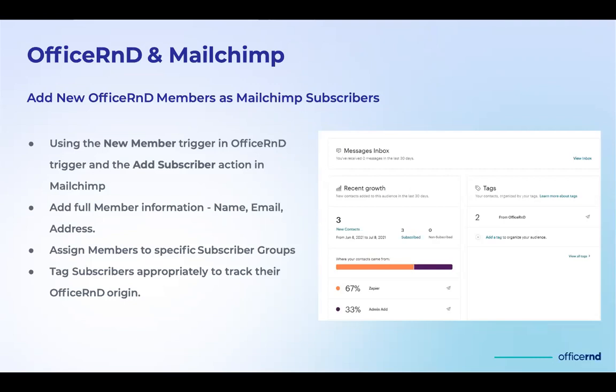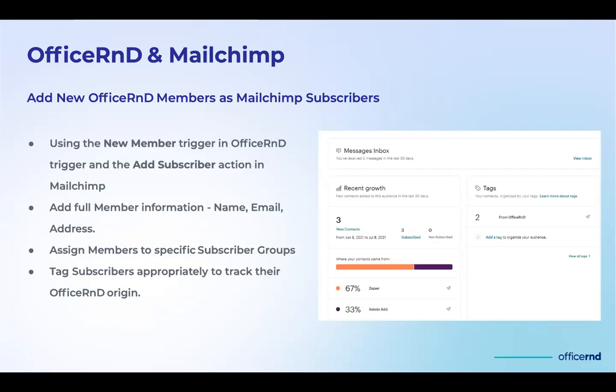And we're going to see examples of the source for these subscribers coming from Zapier, as well as the tag on the right-hand side here, which is called from OfficeRnD, so that we know exactly how many people ended up as subscribers through OfficeRnD as a platform versus maybe other sources that we have in order to generate subscribers for our newsletters.